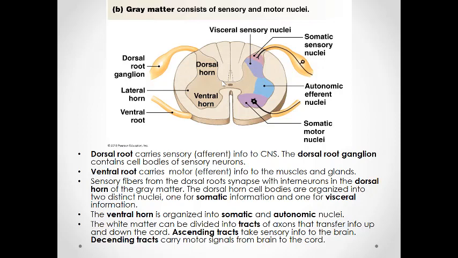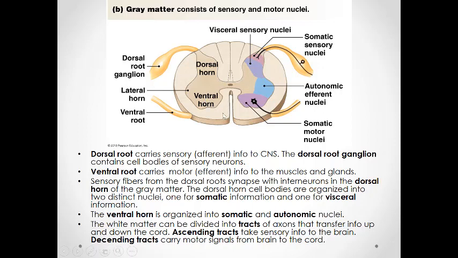The dorsal horn cell bodies are organized into two distinct nuclei, one for somatic information and one for visceral information. Remember that last lecture we covered those distinctions in detail. The ventral horn is organized also into somatic but then autonomic nuclei.